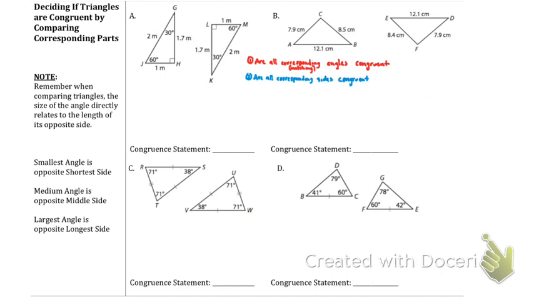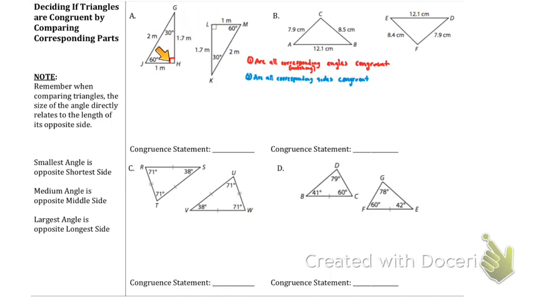Let's try example A. We're going to try to check if this triangle is congruent to this triangle. So let's start with matching up angles. Let's start in this triangle here, and I'm looking at angle H just because of this symbol. I know this symbol means 90, so I want to look at the drawings and match up angle H with its partner in this triangle.